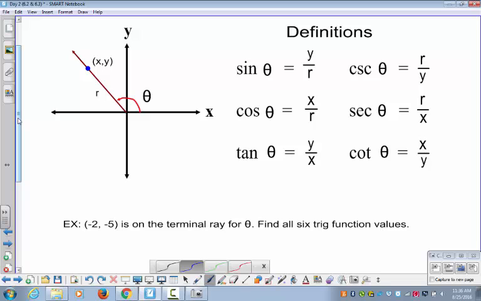We use the positive x-axis as the initial ray, and we think of angles as rotations. We rotate counterclockwise to create a positive angle, clockwise to create a negative angle. And this over here is called the terminal ray.